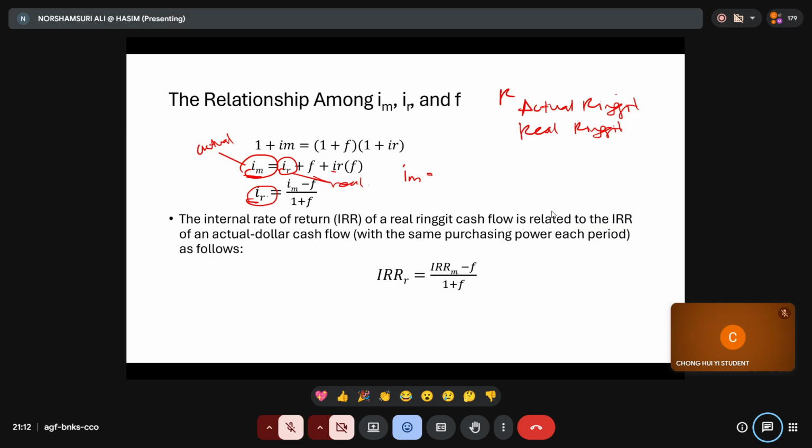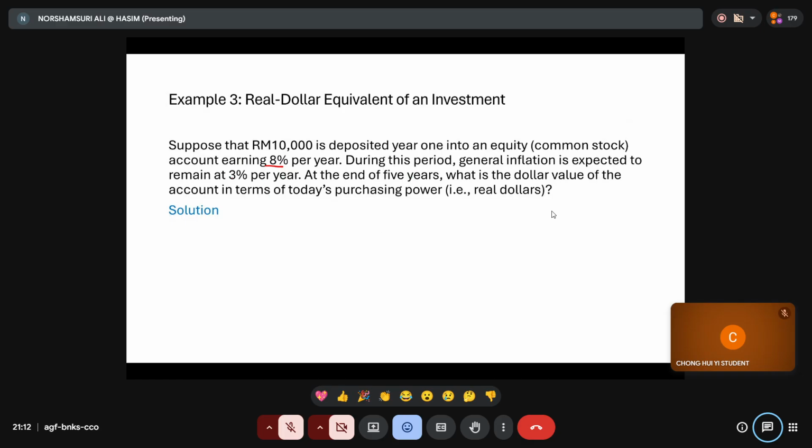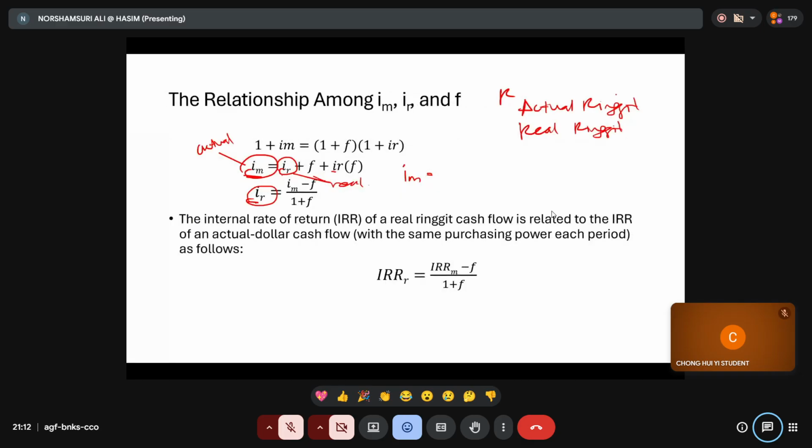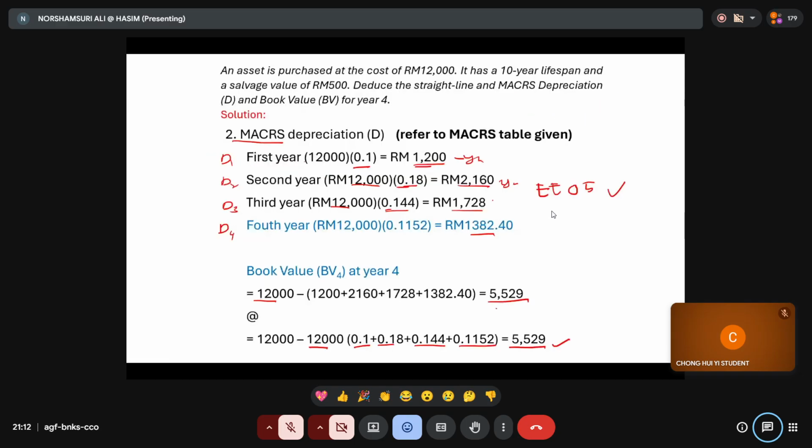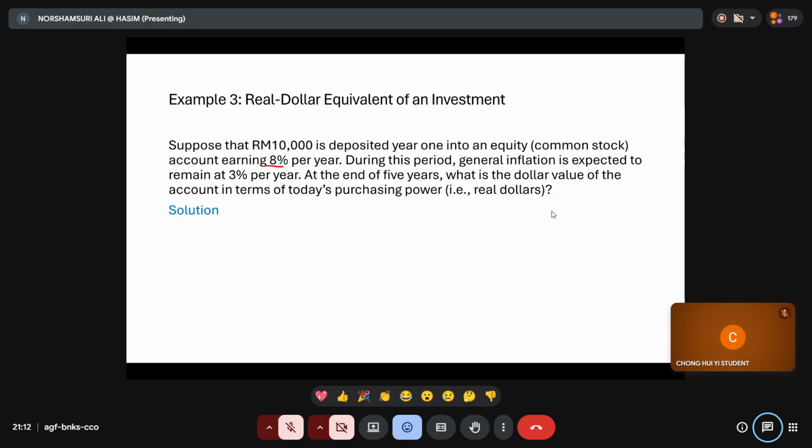So you can use this one, for example, to calculate the value. So here, for example, this one is 8% per year.